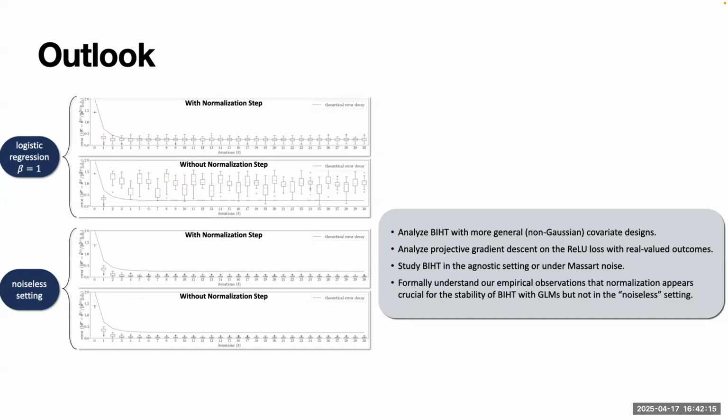Actually, without normalization, it's more stable. However, when it is logistic regression or random classification noise, so you have some sort of noise, without normalization this actually oscillates a lot and doesn't converge. So normalization is necessary for the noisy case.